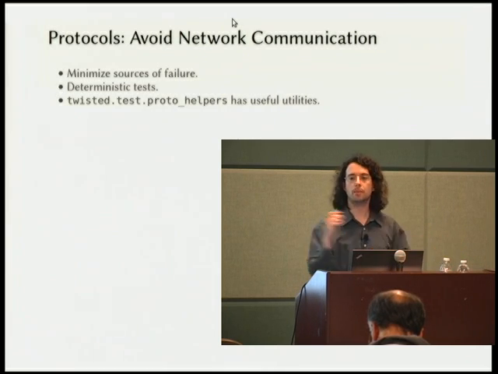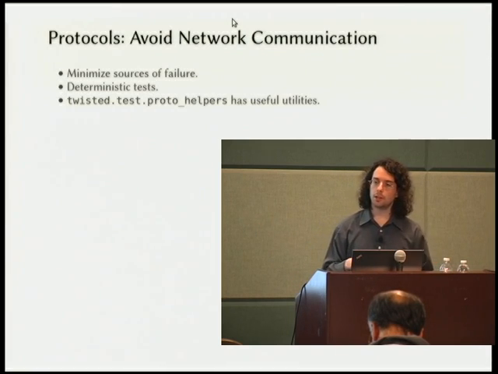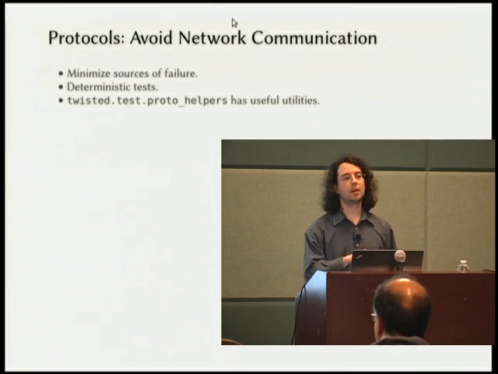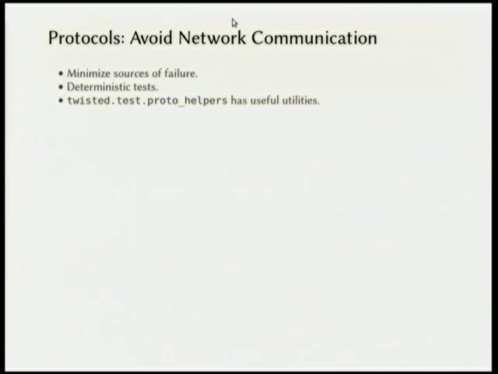So if you do 2 writes, they might be delivered as a single read on the other side. So you want completely deterministic tests. And so Twisted provides a number of utility classes to help out with testing your network code without actually having to talk to the network.